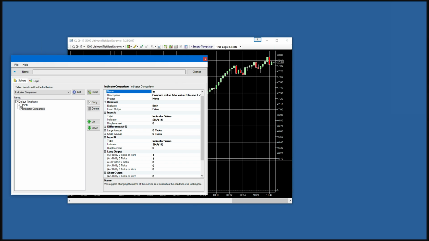I could call it close is greater than the high of 1 bar ago, or close is less than the low of 1 bar ago. That way when I look at it, I can tell exactly what it is.